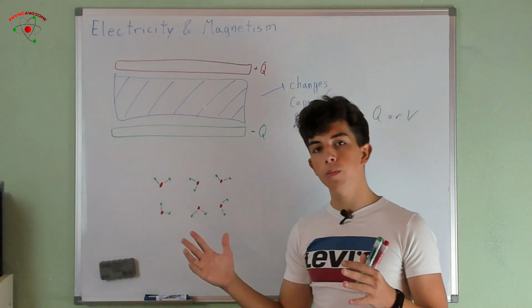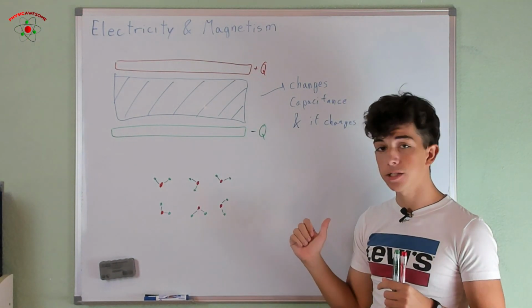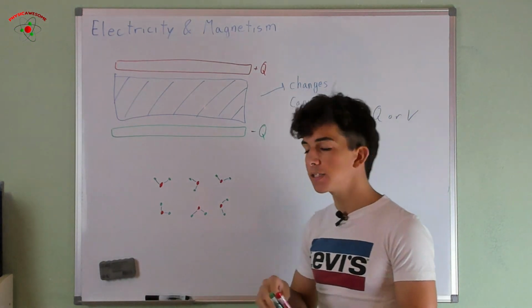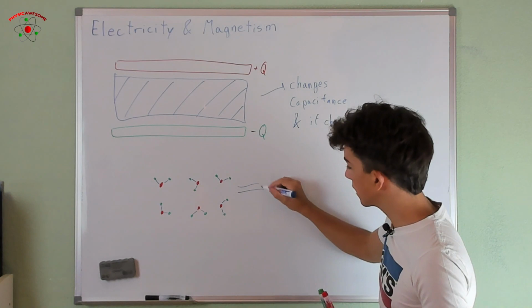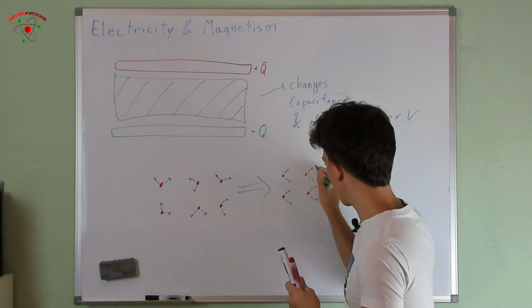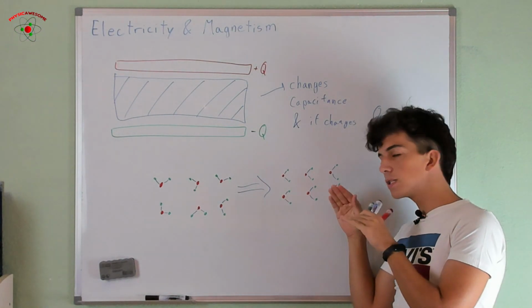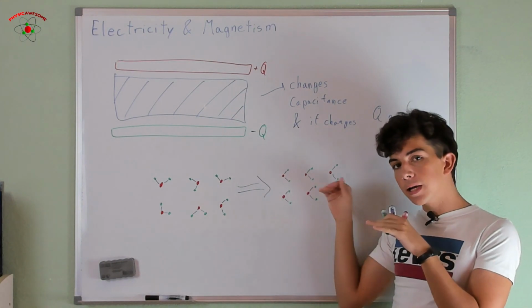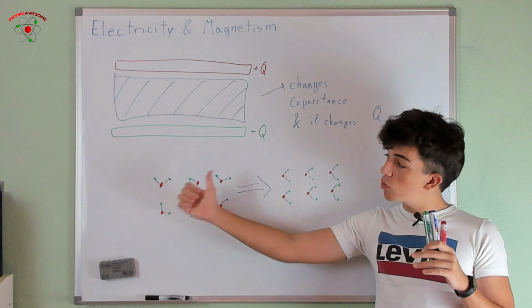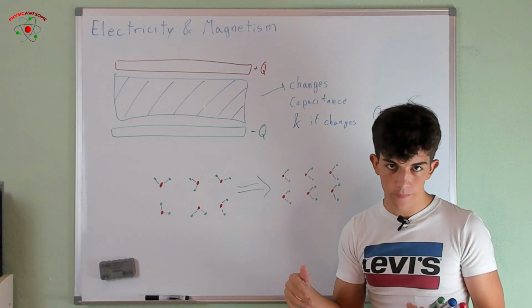So water is made of dipoles, and when an electric field is applied in this direction, for example, the dipoles align with it in such a way that they become this. And each of these dipoles now generates a small field in that direction that counteracts the field that you already had, and therefore they make the field weaker.